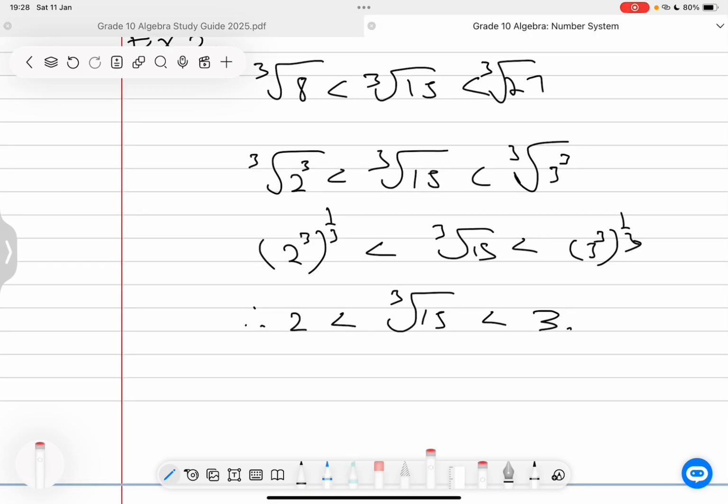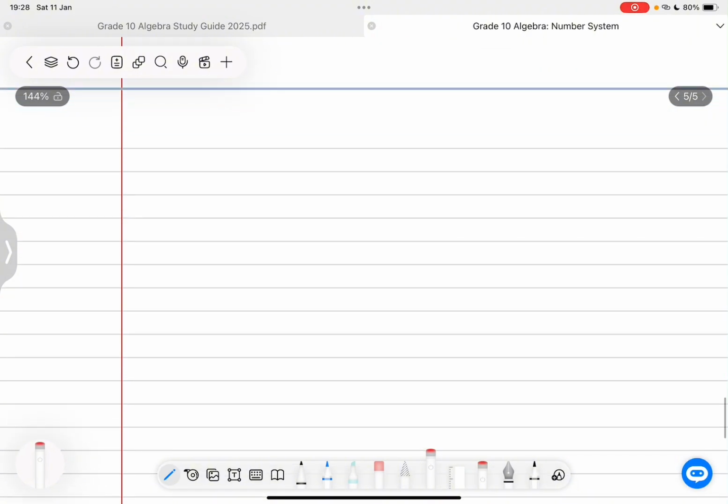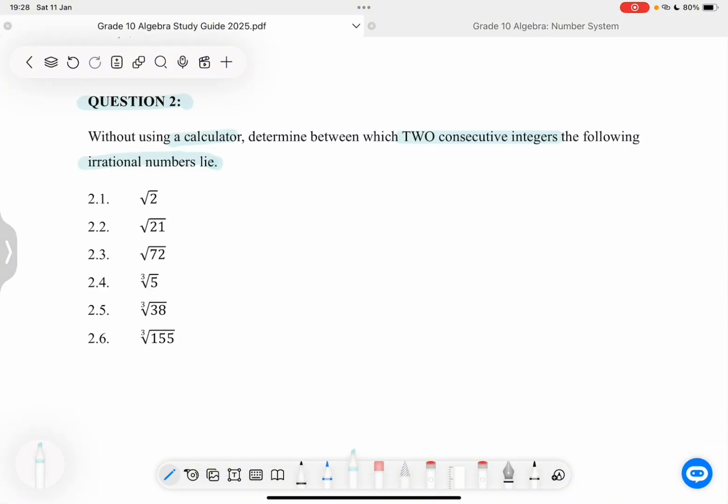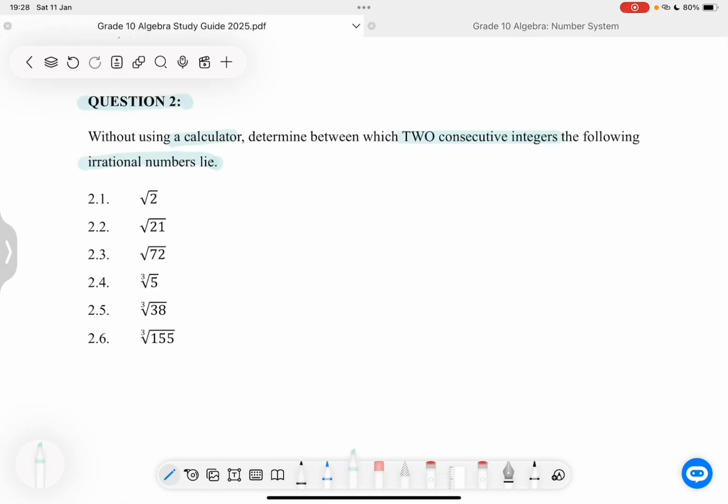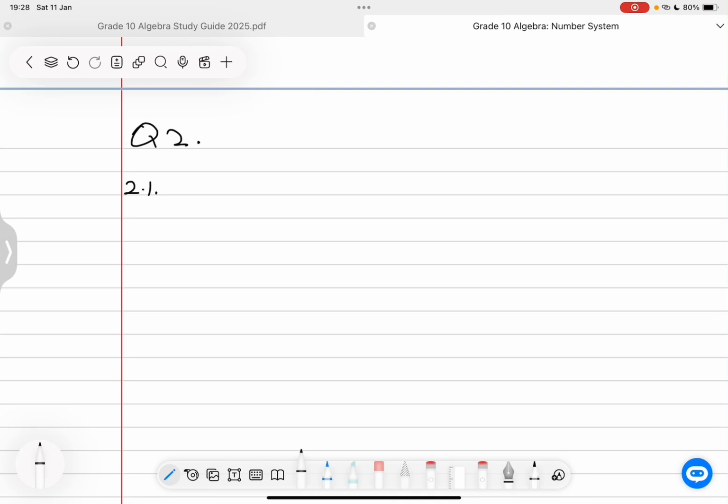Now, I will answer question 2 and jump straight to question 2.1. When we look at 2.1, we can see that it's a square root, in this case the square root of 2. That's the first thing that you have to notice.